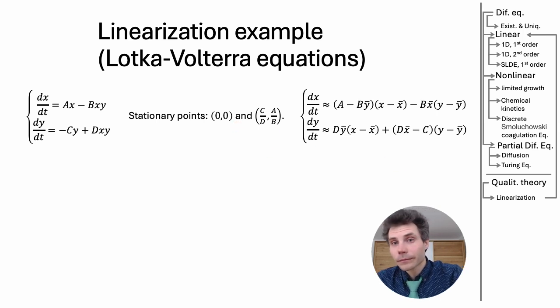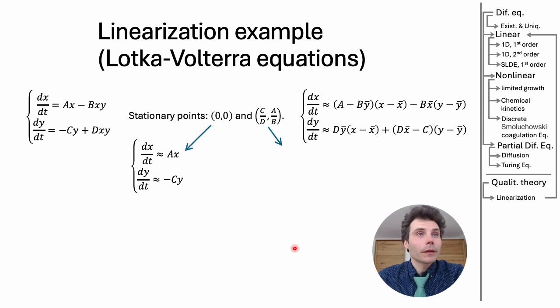In the first stationary point, the kinetics becomes decoupled. X diverges exponentially from the stationary point, and y converges to the stationary point.